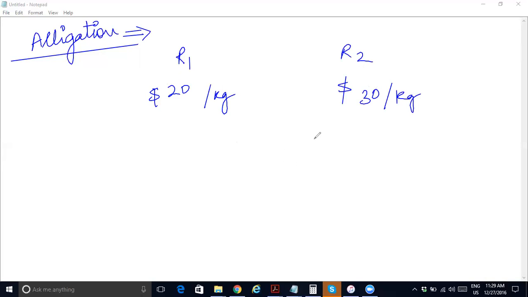We are mixing these quantities in such a ratio that we should be getting the mixture which is 27 rupees per kg.